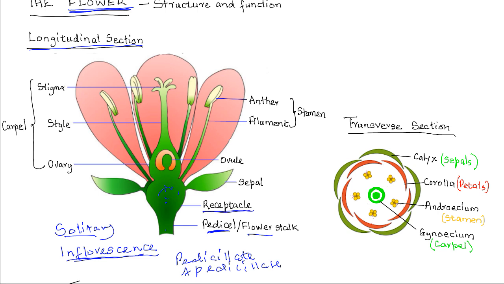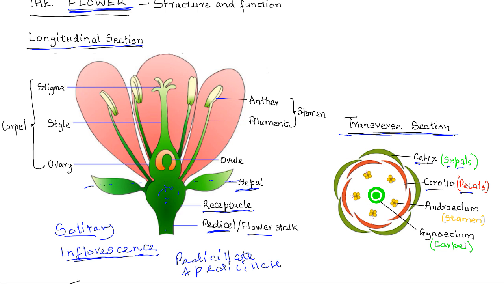Now, a typical flower has 4 distinct rings. If you were to cut a transverse section like that across the flower, then we will see that there are 4 rings that make up the flower, as shown in this transverse section. There's the outer ring known as the calyx, made up of sepals. Then the corolla, made up of the petals. So these are the sepals that make up the calyx.